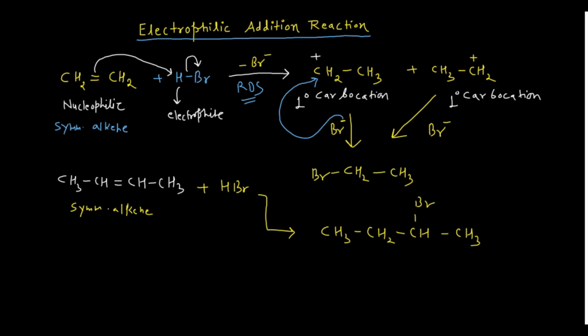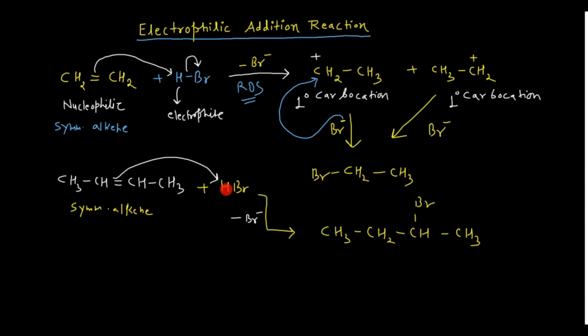The mechanism actually goes in that manner. This will come here and will liberate Br negative. And later, as you have seen in the first case, this Br will get attached to this electron deficient center. So here you can see it is attacking here. This will become CH2 like that, and that CH finally with positive charge will grab this Br negative. This will form CHBr. This is one product.